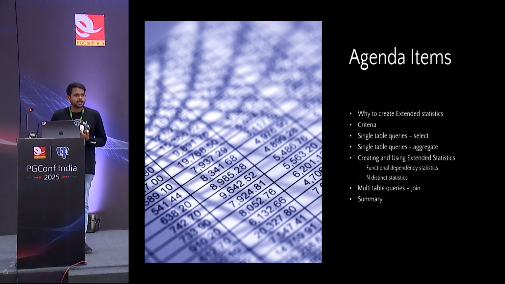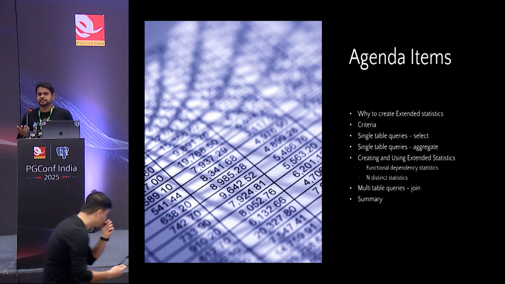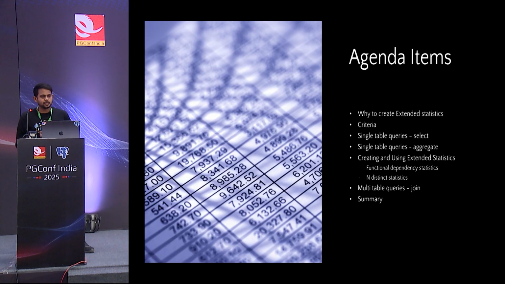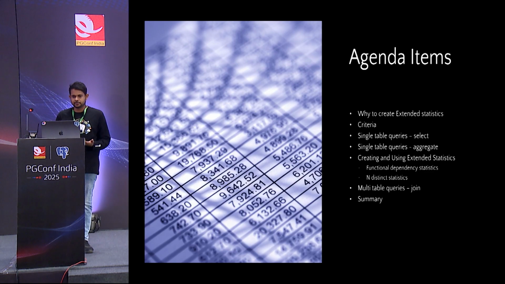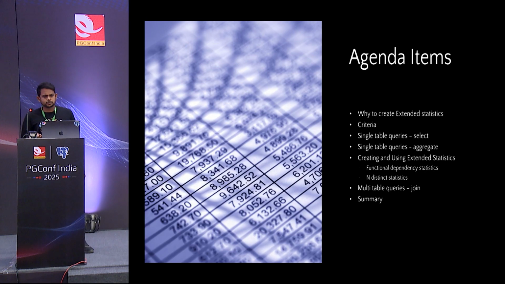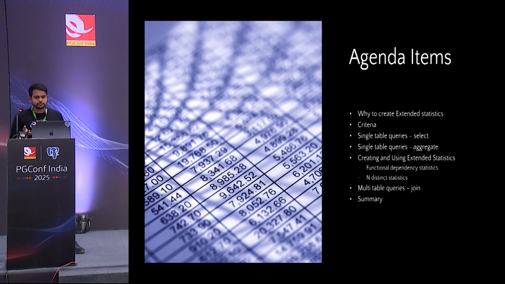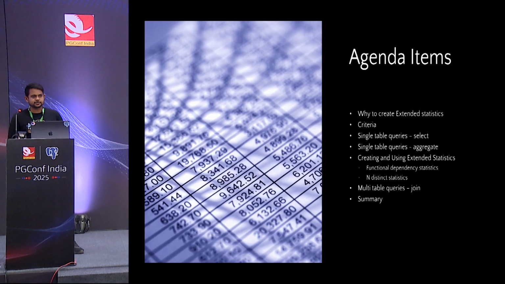We call it ANALYZE. Basically, it collects the statistics around that table. So whenever we run a query, the planner takes the decisions based on the statistics which are available in the database. I will go through the criteria, and then I will go through a quick demo of the different queries and how they behave with and without the extended statistics.